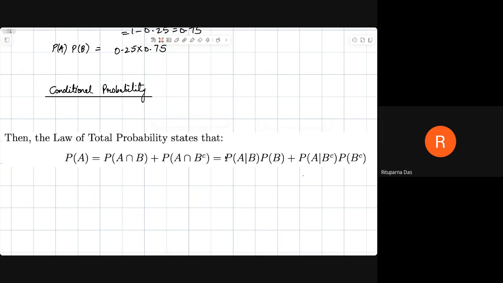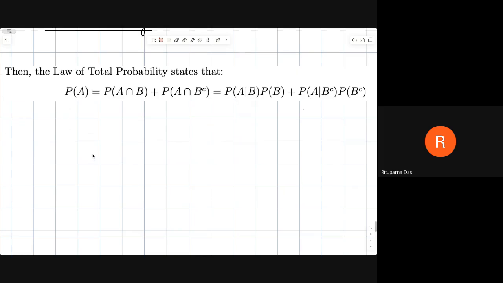The statement of Bayes theorem states that if A and B are two events, then P of A intersection B will be P of B into P of A given B, or P of A into P of B given A. So this is the Bayes theorem, which states that P of B given A is P of B into P of A given B divided by P of A.